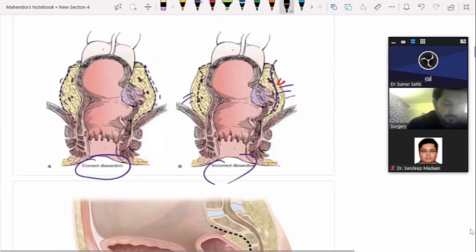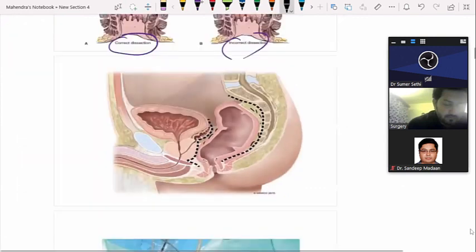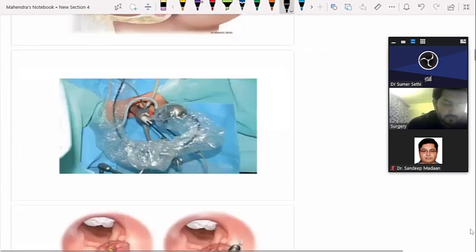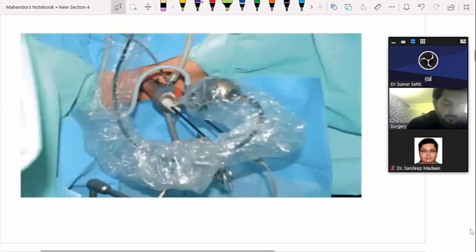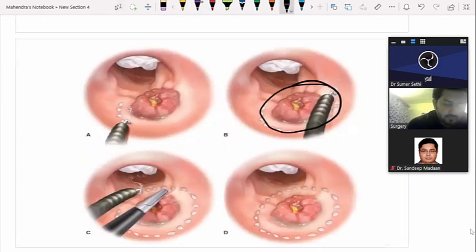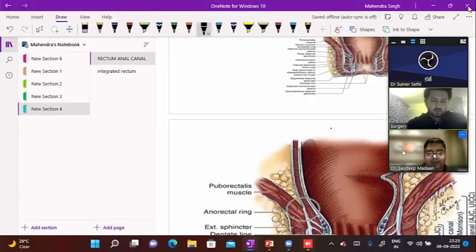This is the marked margin, and then we do the full thickness dissection, moving slowly and very safely past the internal sphincter. This is how the surgery is done. And then you finish the surgery and close. Okay.